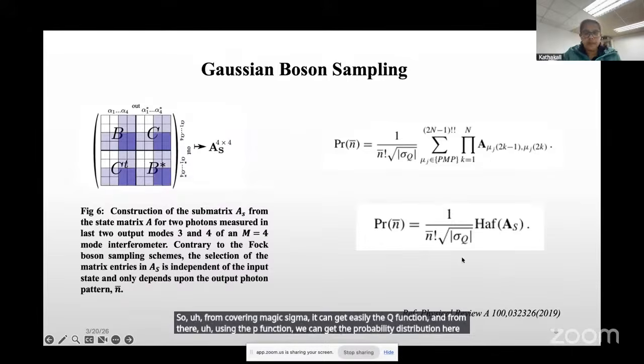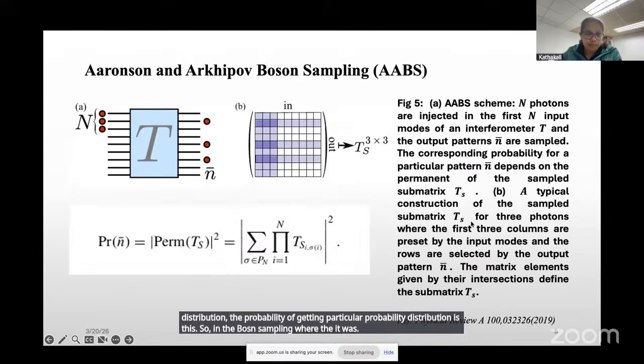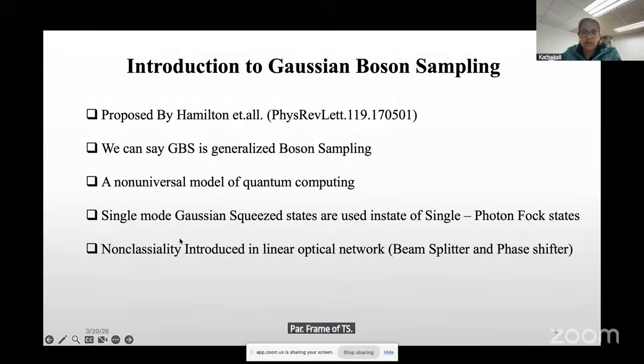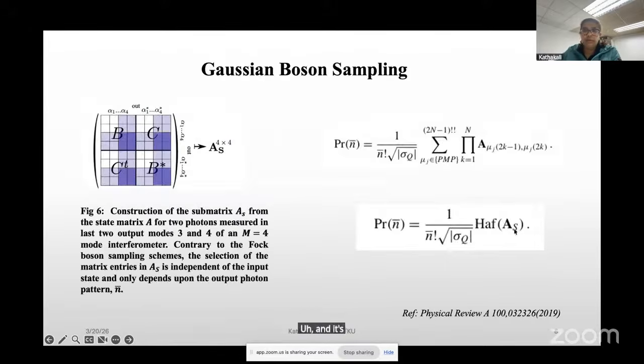And here, the probability of getting a particular distribution is this. In boson sampling it was the permanent of TS, and here it is the Hafnian of AS.